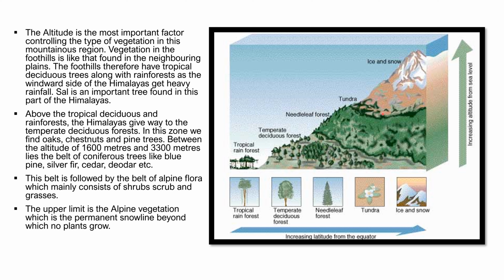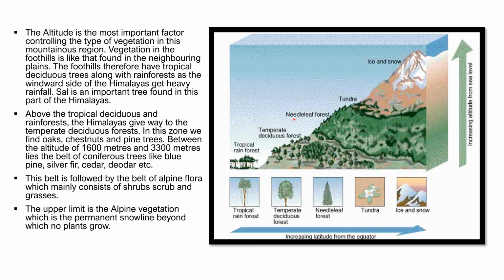So here we can see that as the height increases, the temperature changes, and because of the reduction in the temperature, rainfall changes into snowfall.